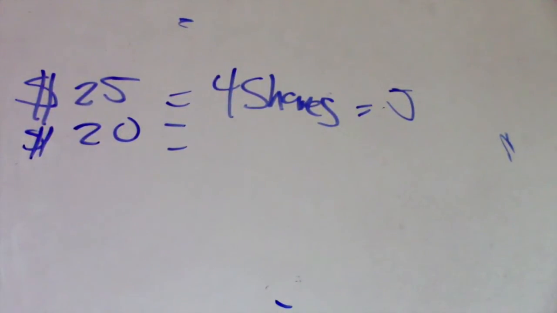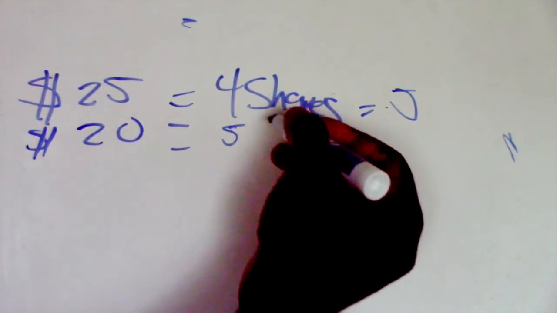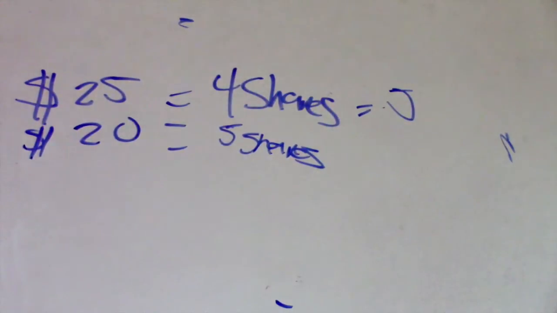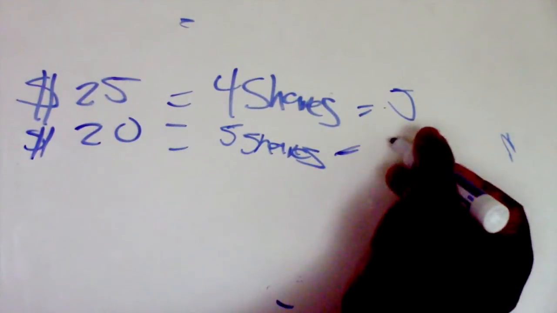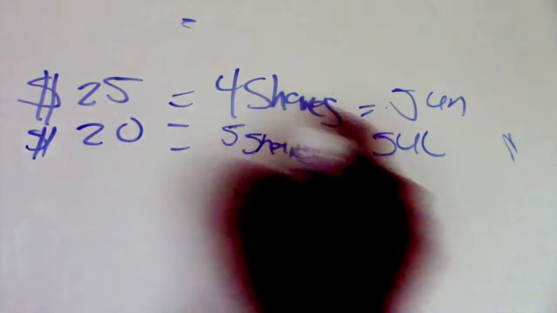You say, it doesn't matter to me, I'm still going to buy $100 worth of Starbucks stock. How many shares would you get now? You would get 5 shares, because 20 goes into 100 five times. And this is July.